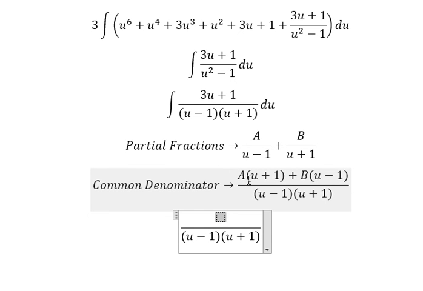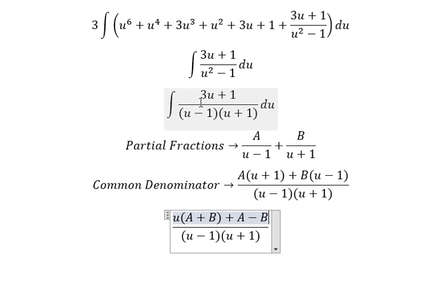A multiplied by u, B multiplied by u. So we need to arrange based on the term of u, so we have A plus B. About this one, we have A multiplied by 1, B multiplied by negative number 1, so we have A minus B. If we look carefully at the coefficient of u, we have number 3. That means A plus B equals number 3.